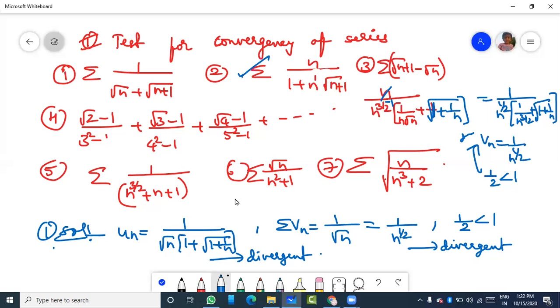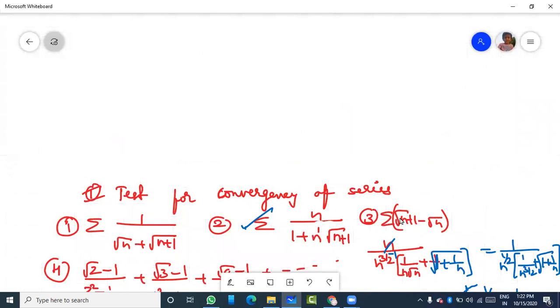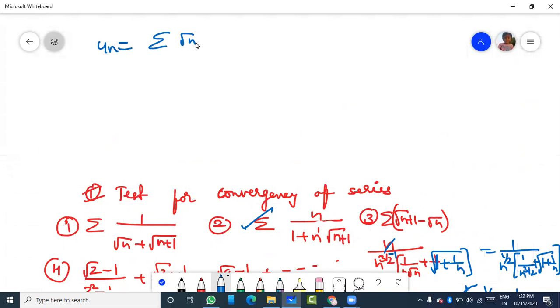Okay. Yes, ma'am. Third one. Here first we can take the Un. Un is equal to summation of root n plus 1 minus root n. Without sigma, Un is this one. From this, Un is equal to under root n plus 1 minus root n.